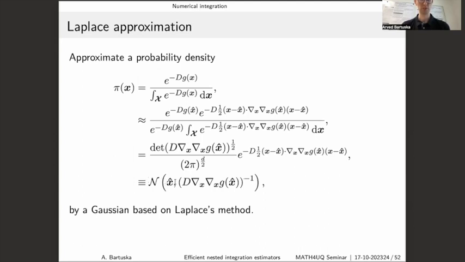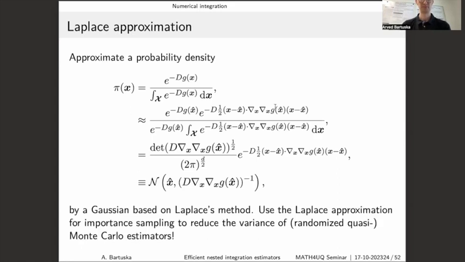And this is now a normal distribution, and it has this shape. So it's a Gaussian with mean x hat. Remember, x hat is the maximum. So for a probability density function it is now the MAP, the maximum a posteriori estimate. And the covariance of this Gaussian is d times the Hessian evaluated at the MAP, inverted. And this is called the Laplace approximation. And this we can now use for importance sampling.